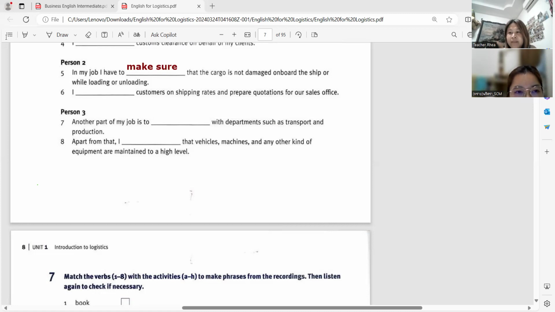If we have damage, we can claim. You can claim the refund from the insurance, or the payment, if there are some damaged products.